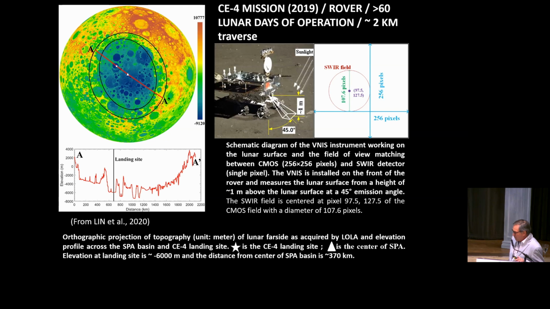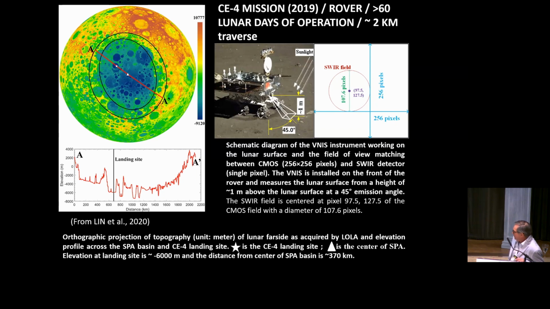So what I'm going to address has to do with spectral observations obtained by the VNIS spectrometer on board the rover Yutu-2. And that is what you see on the right here. This spectrometer makes measurements in two parts, a VNIR and a SWIR part.